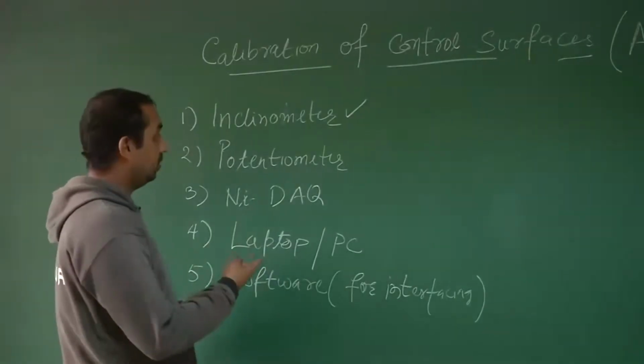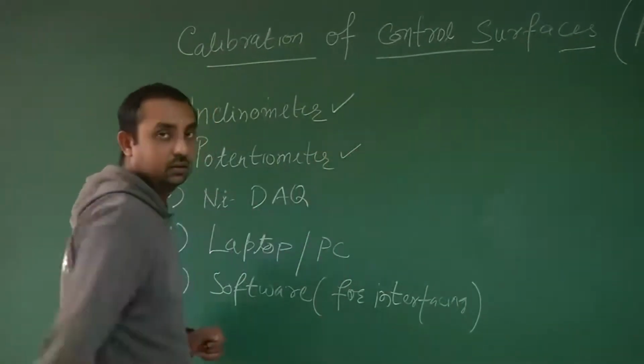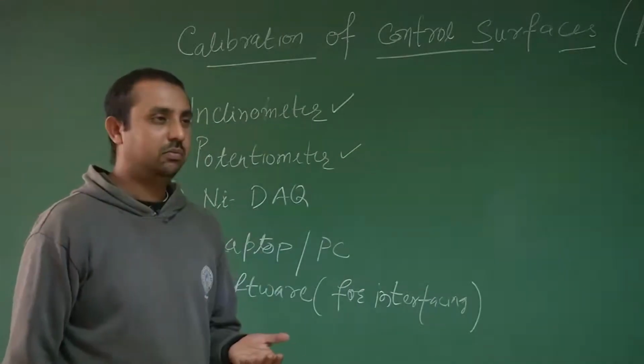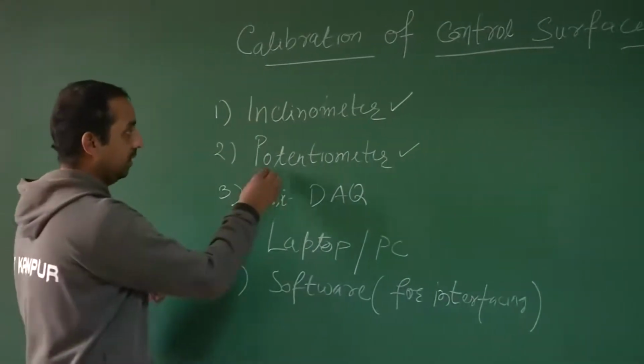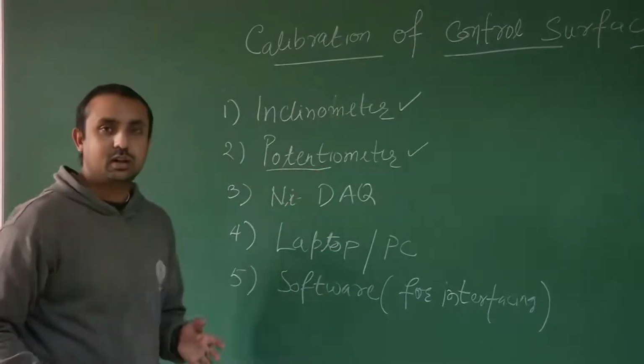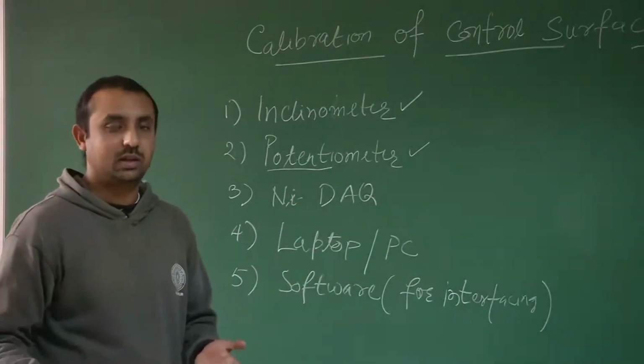Now, the second instrument which we require is potentiometer. Now, potentiometer is very simple device, and also as you can see, the name suggests potentiometer, it has to do something with potential or voltage.